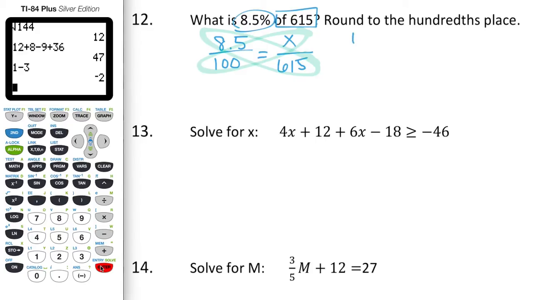We're going to have 615 times 8.5. And it's going to be equal to 100x. So we'll have 615 times 8.5.